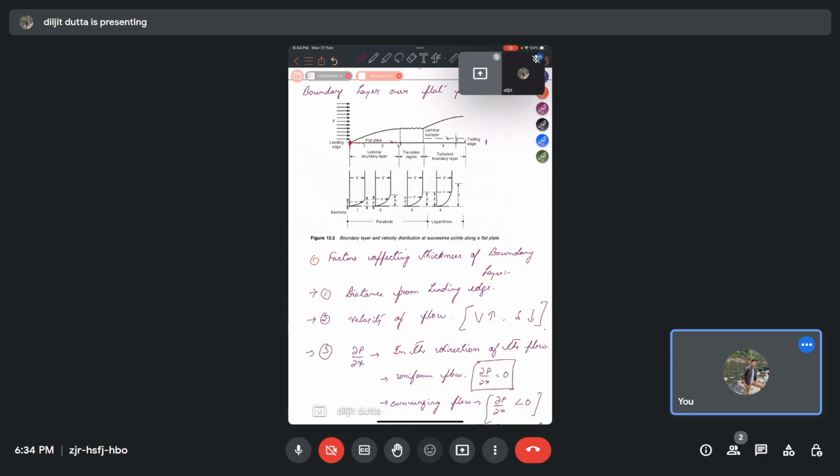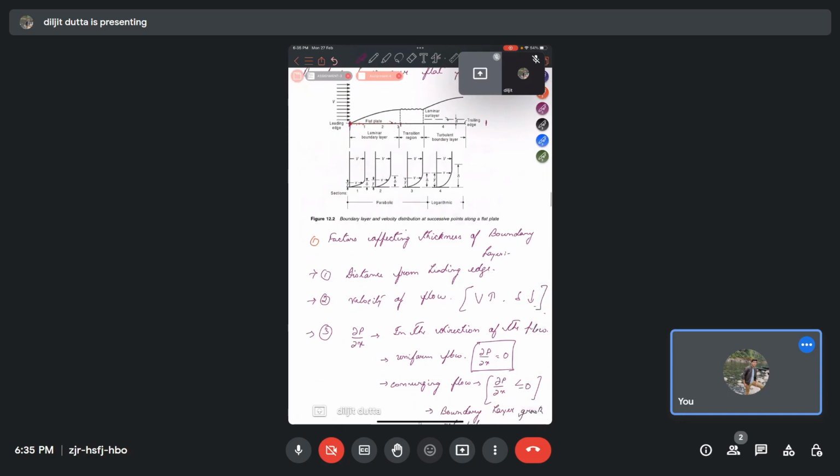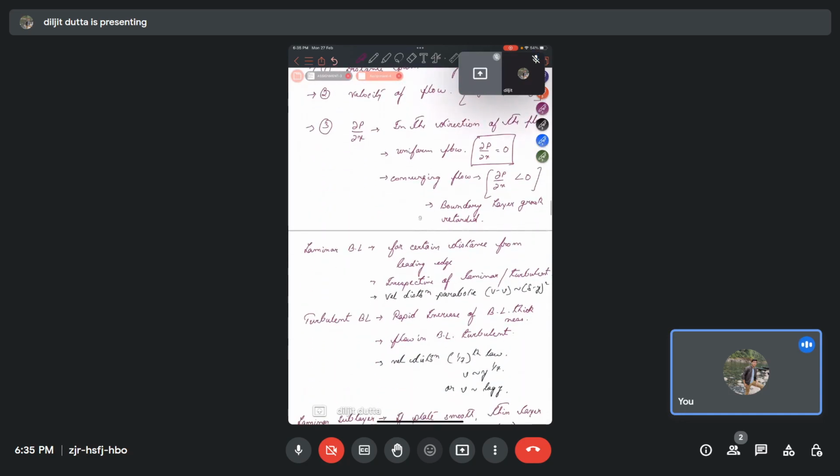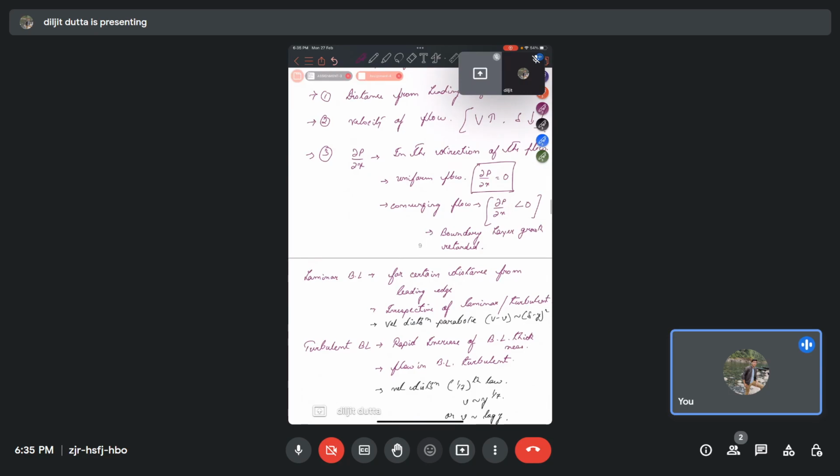This laminar boundary layer forms irrespective of whether the flow is laminar or turbulent, and the velocity distribution in the laminar boundary layer is parabolic, that is V minus V infinity equals to delta minus Y whole square.